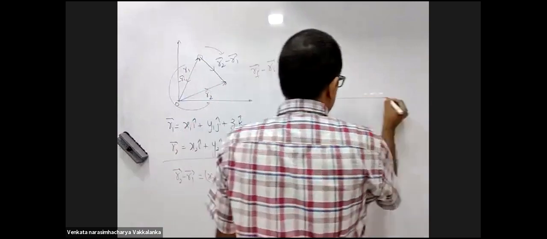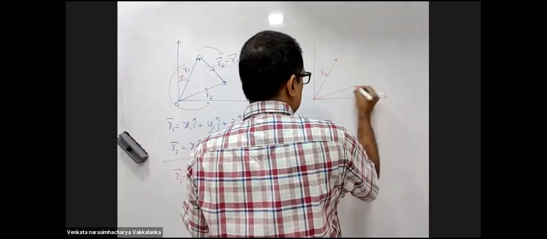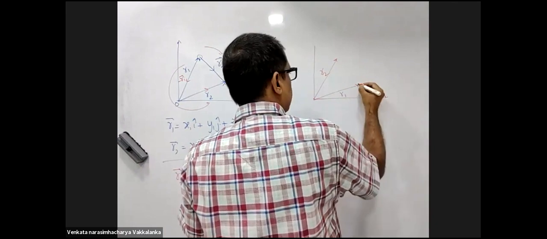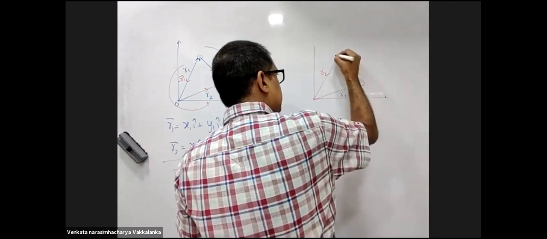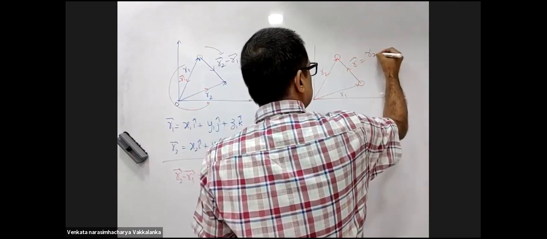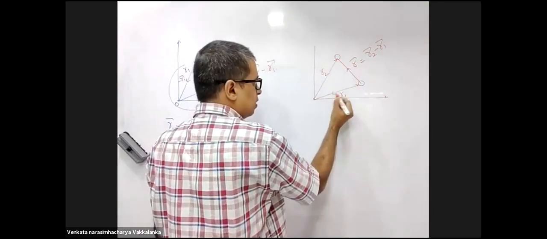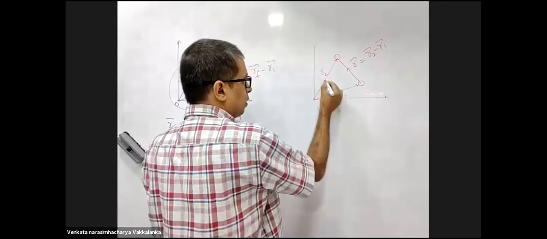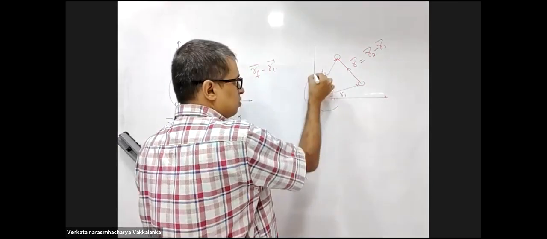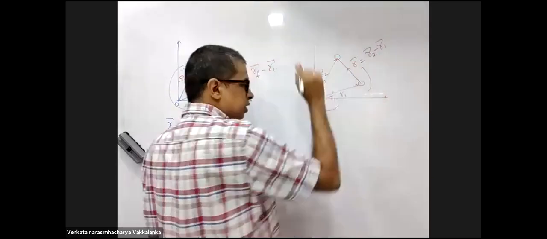On the contrary, if I ask you, this is R2, this is R1, and I am going from here till here, this is my requirement. This will be R2 minus R1, final minus initial. Minus R1 and R2 are on two sides of the triangle taken in one order.